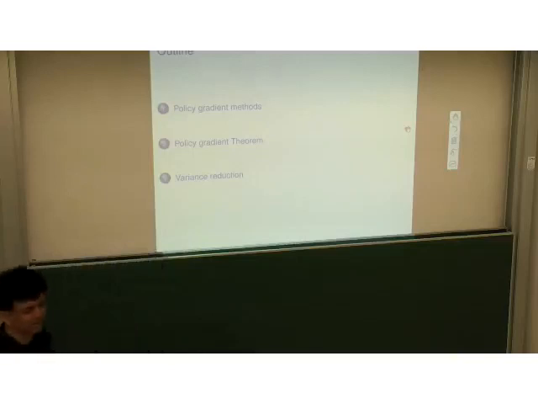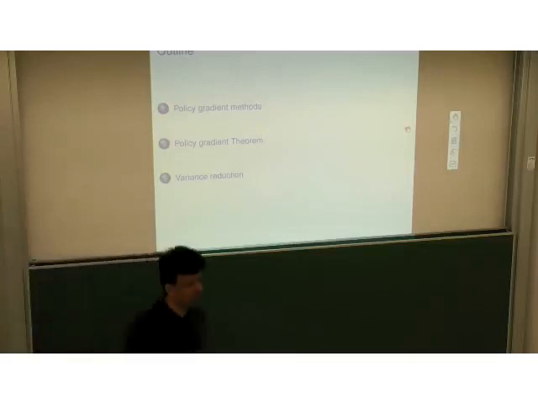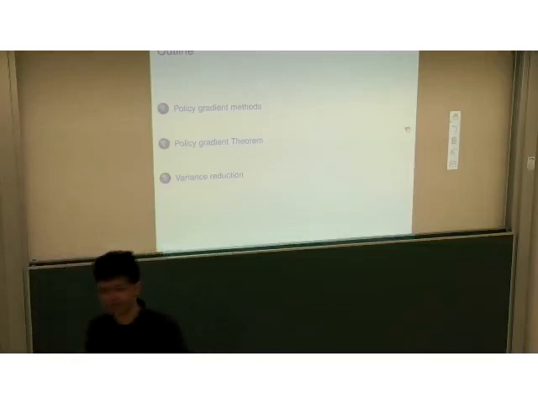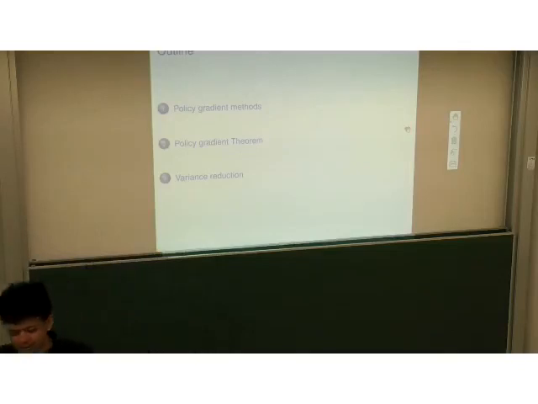In many problems, it's harder to come up with a reward or a value function, especially when you're designing something. There are various things that you have to come up with. But thinking of a policy is a more natural phenomenon, right?